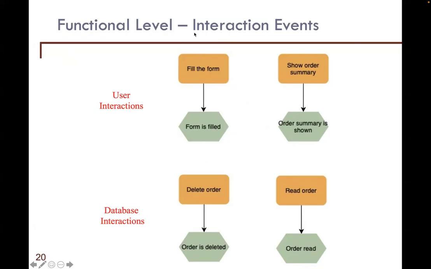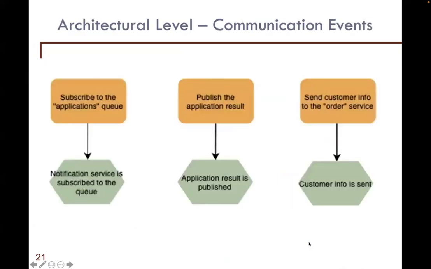We call it EPC, event-based process chain. So here, we fill the form and form is filled, and show order summary and order summary is shown. These are kinds of user interactions. And then database interactions are like delete order, order is deleted, and read order, order is read. So these are different types of events that we try to identify.